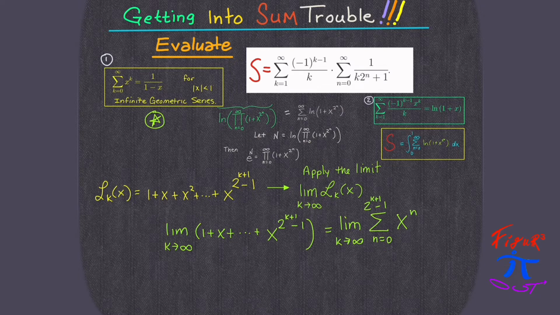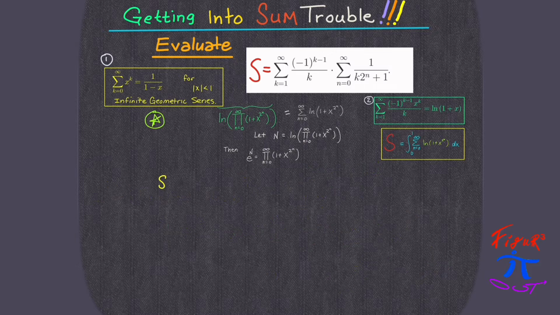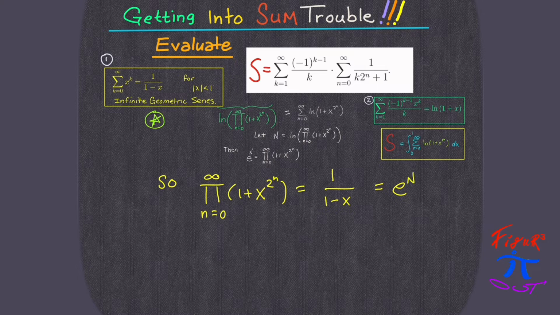All right, what happens when k goes to infinity? The top of that summation symbol will also go to infinity. So we get an infinite series, which is a familiar one. It's the infinite geometric series, and it converges provided that the absolute value of x is less than 1. So now, putting this all together, this infinite product can be represented as 1 over 1 minus x.